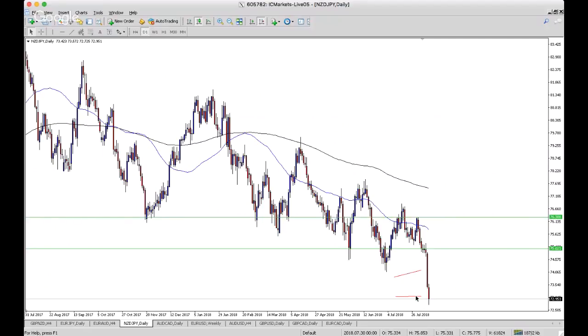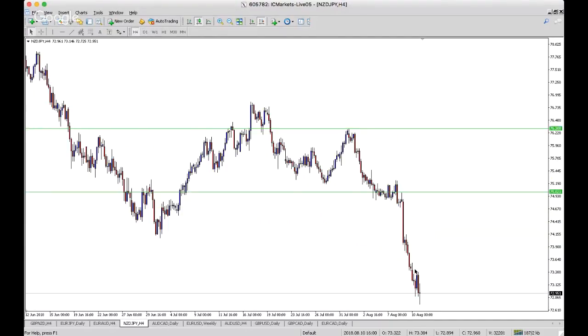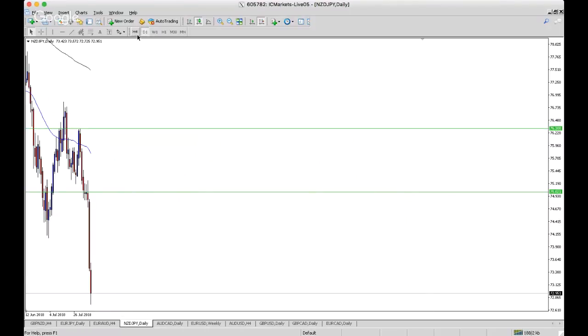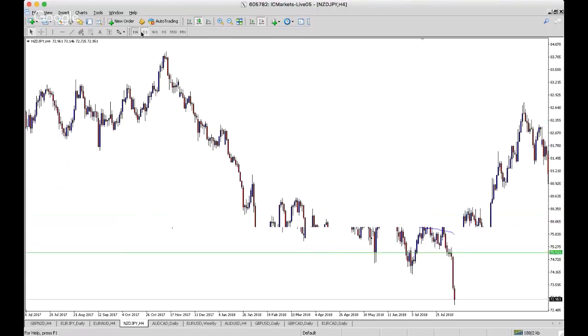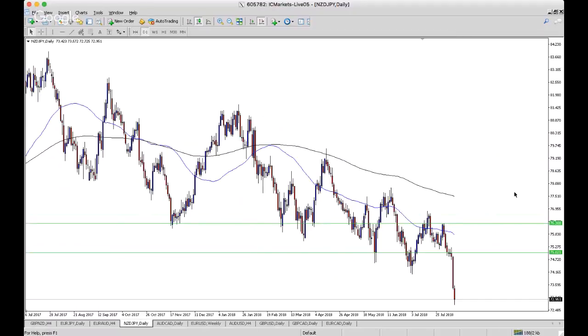We should see that in H4. Okay, let me delete all this. H4. You can see this is a very strong move here, and now this is where the sell momentum starts to weaken. So I should expect a retrace around here for us to enter a sell. That's all. My entries and analysis are all simple. I just don't like to complicate things.